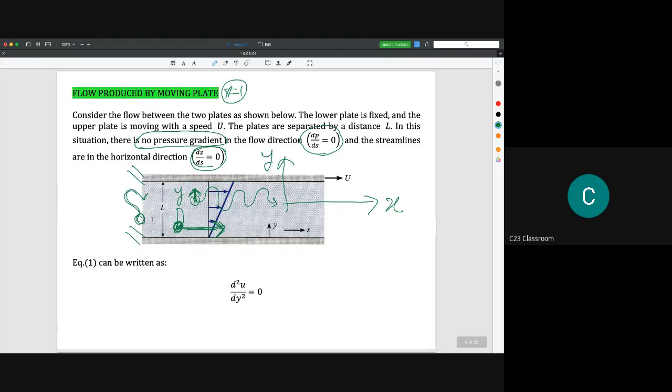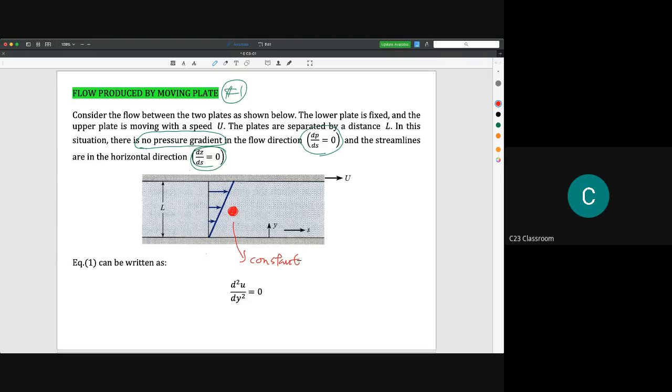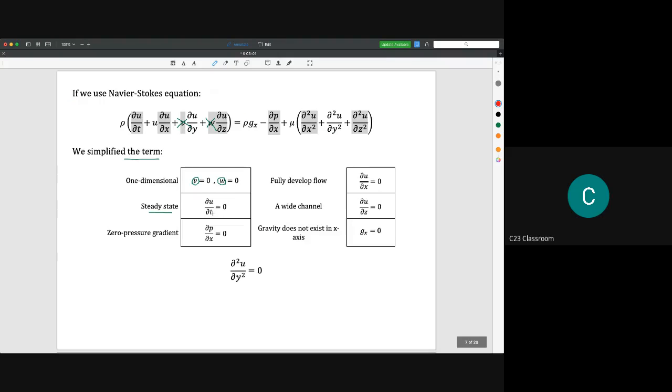So if you have a molecule here, and after a certain time you check the velocity at this point, the velocity remains constant. The velocity does not change with time, so we take du dt equal to 0. Now the value here is 0.